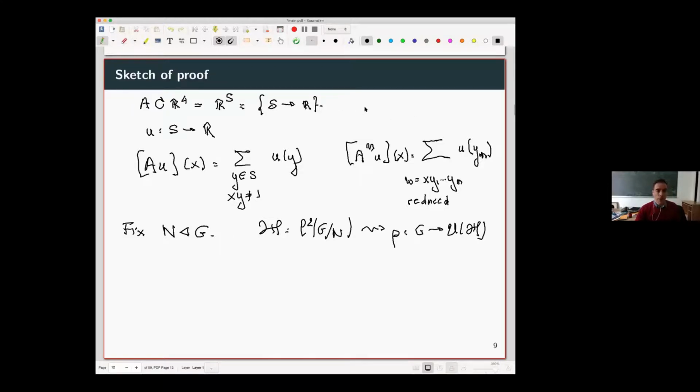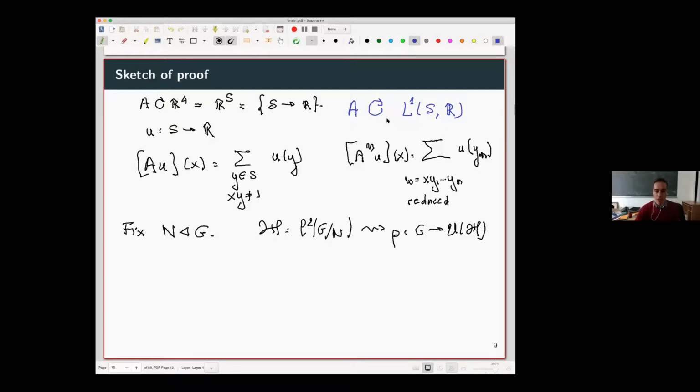Here I have seen A as an operator on functions from S to R. And it would be suitable here to take L1 functions. The space is finite dimensional, so I can take any norm I want on this space.